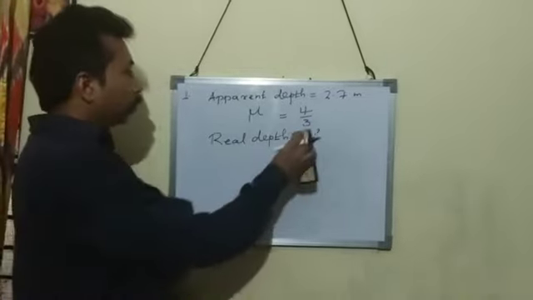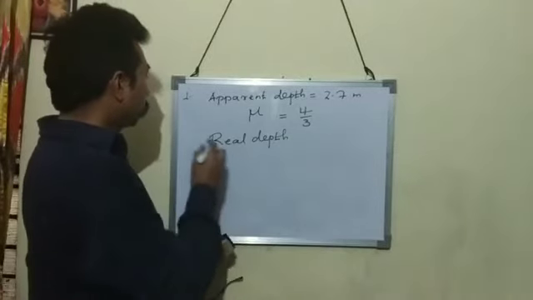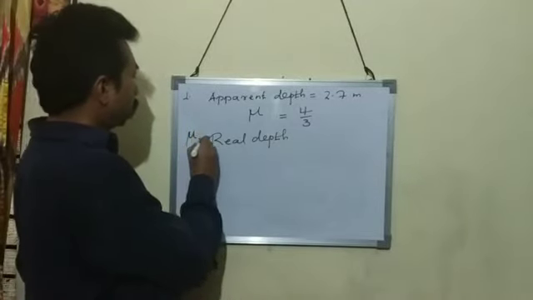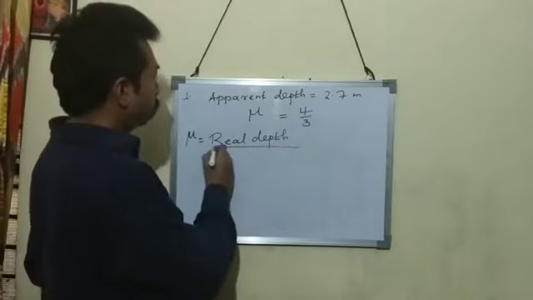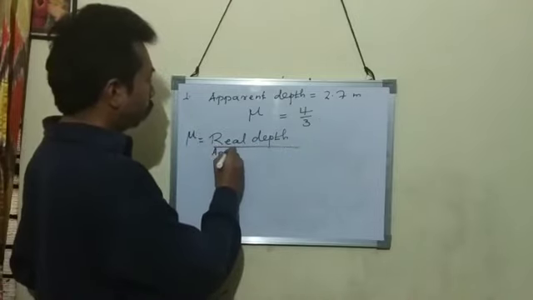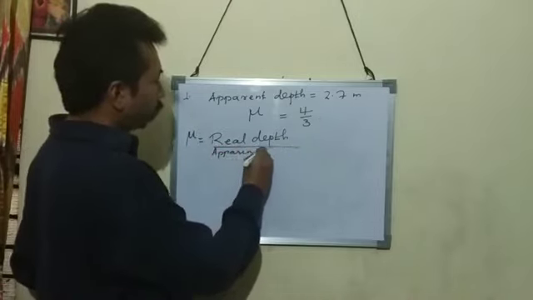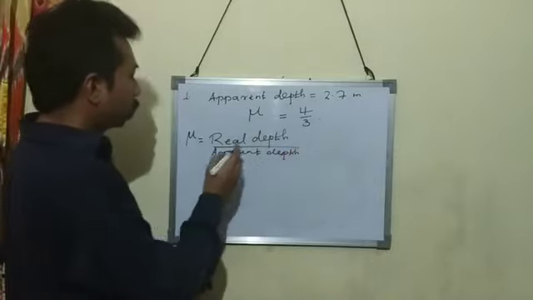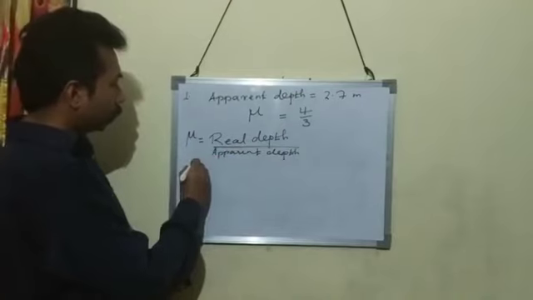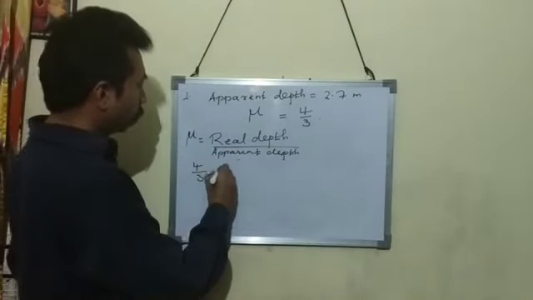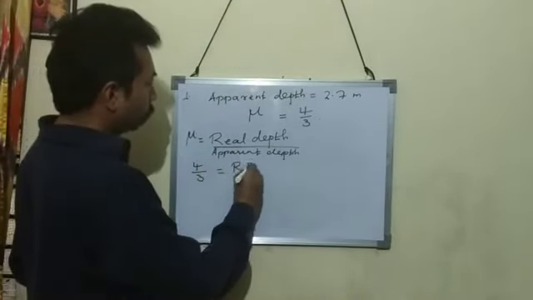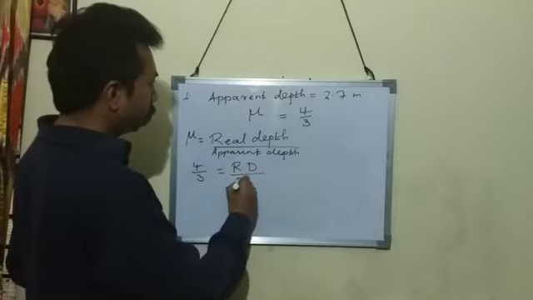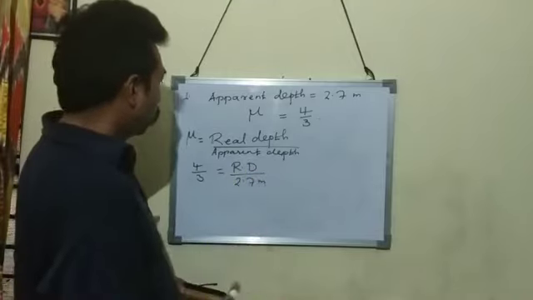Writing the formula, refractive index is equal to real depth upon apparent depth. Substituting the values, refractive index is equal to 4/3. 4/3 is equal to real depth upon apparent depth, which is equal to 2.7 meter.